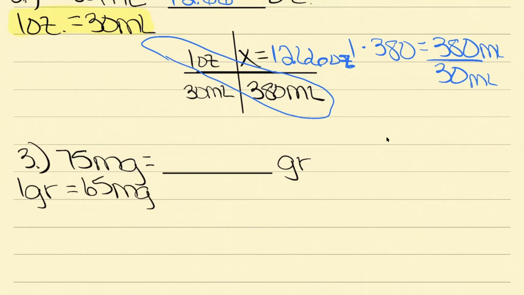But it can be 60 or 64.8. It just depends on the answer choices. If you are giving answer choices and you use 65 and the answer that you get is not in the answer choice, then you have to use either 60 milligrams or 64.8. It just depends. But I like to use 65.